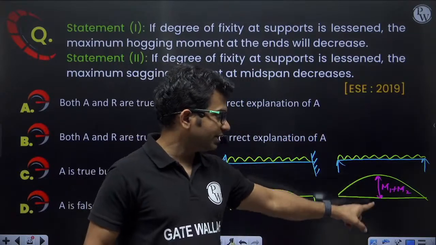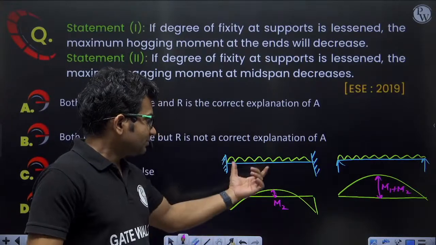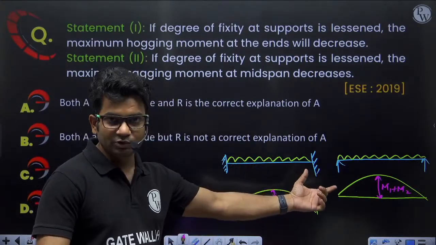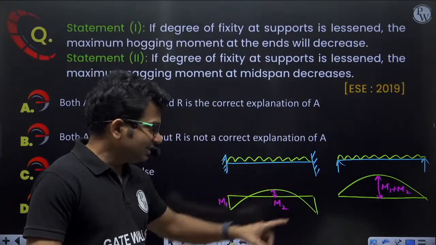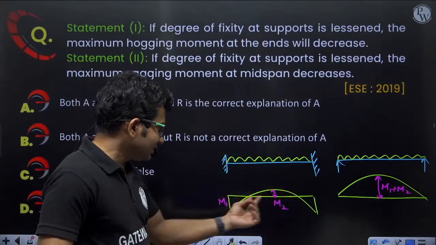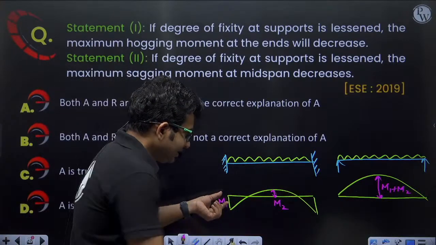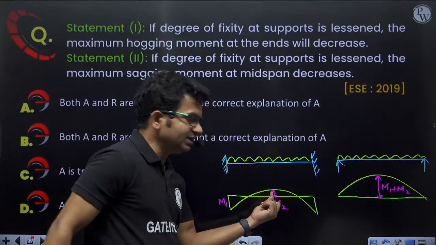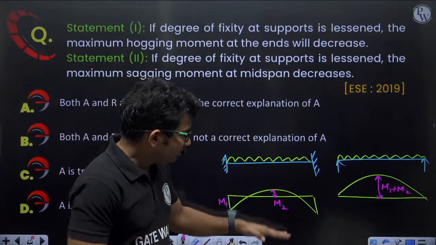Total bending moment at midpoint will be this. So that means in a fixed beam or in a simply supported beam, the total bending moment at the center will be like this, that some part of the bending moment here is resisted by this and some part is resisted here. So basically the total magnitude will be the same.